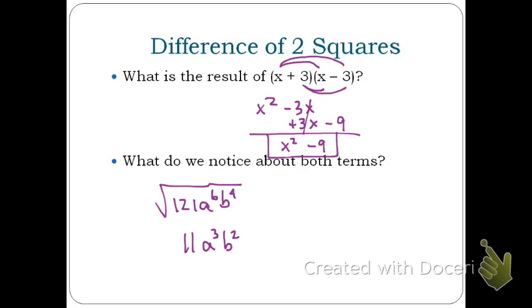That's one example, but let's apply this. The square root of x squared is x to the 1st, or just x. The square root of 9 is 3. And here, if you look at the top, we have x plus 3 and x minus 3. That's something that we'll return to when it comes to finding a difference of two squares.